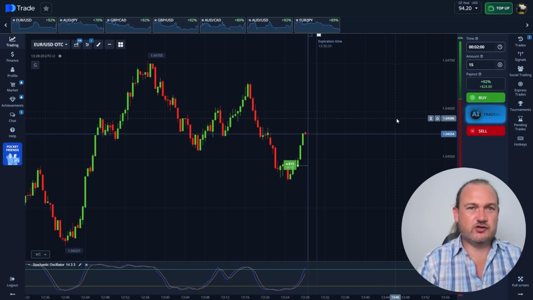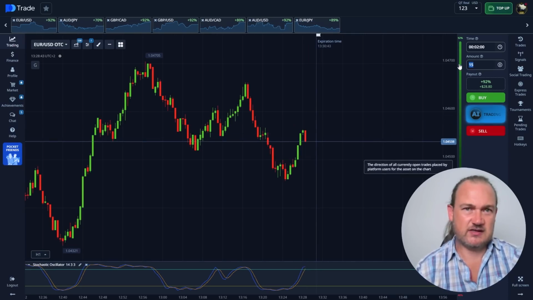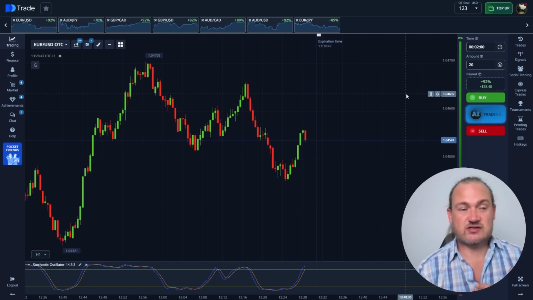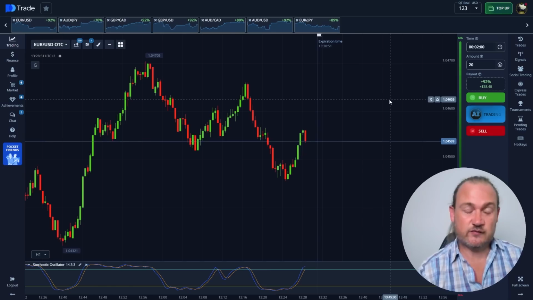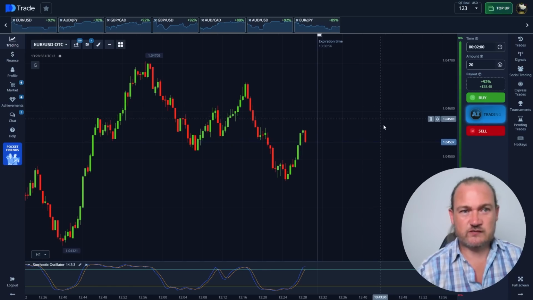This is looking really good. There we go. So next I'm going to put my trade size up to 20, and we're going to do this again. We're going to look for some new assets that fulfill the parameters of our strategy, and we're going to be patient and wait for new trades.